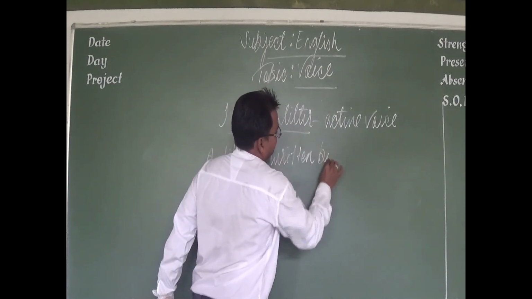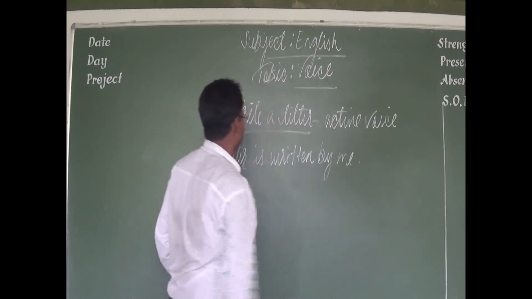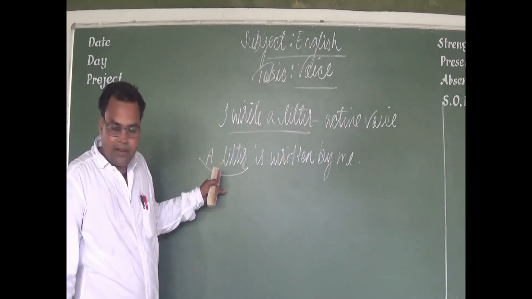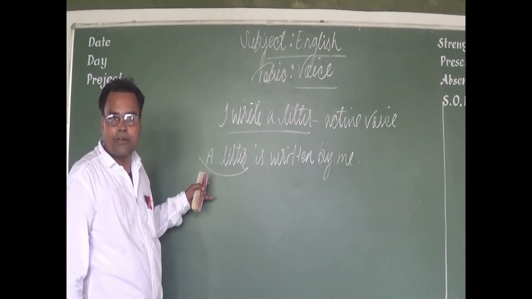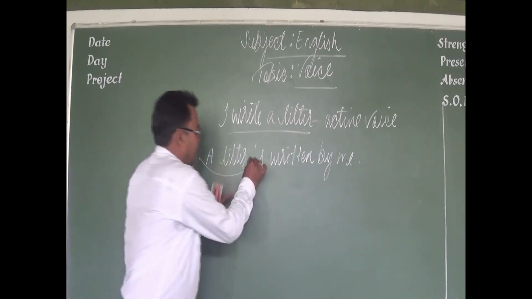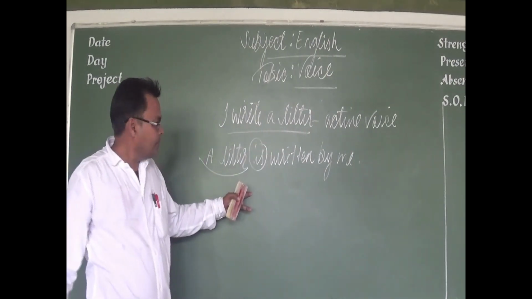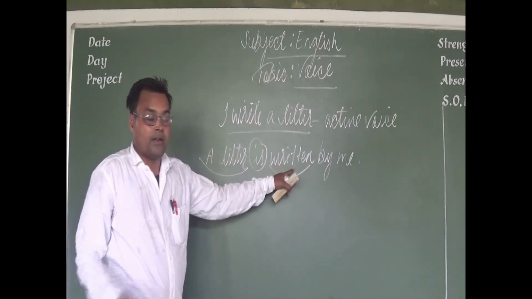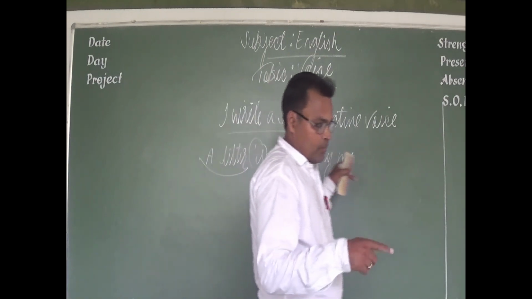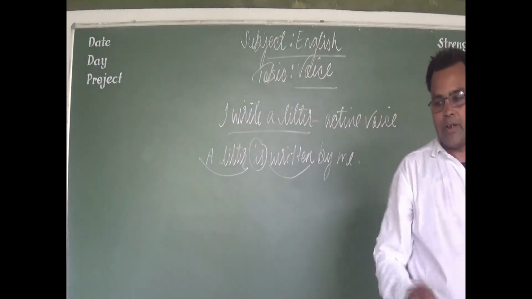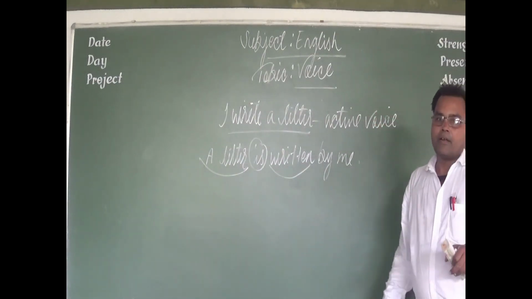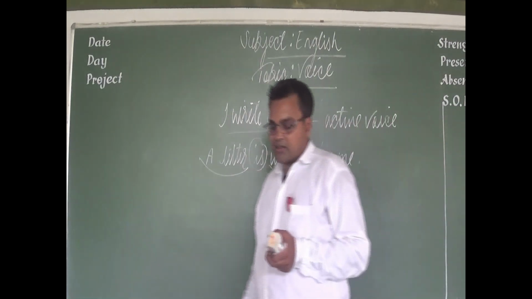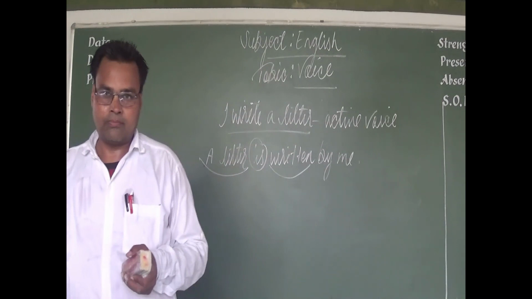See, A letter was object, right? It came at the first point, the first place. Is is helping verb. Written. Don't forget this. While making passive voice, always third form of the verb is used.